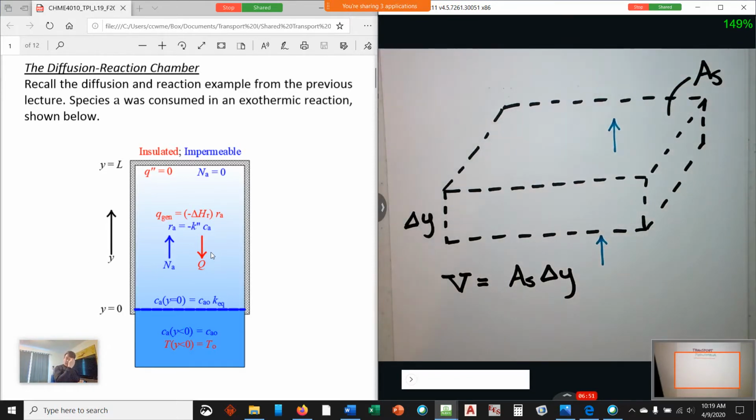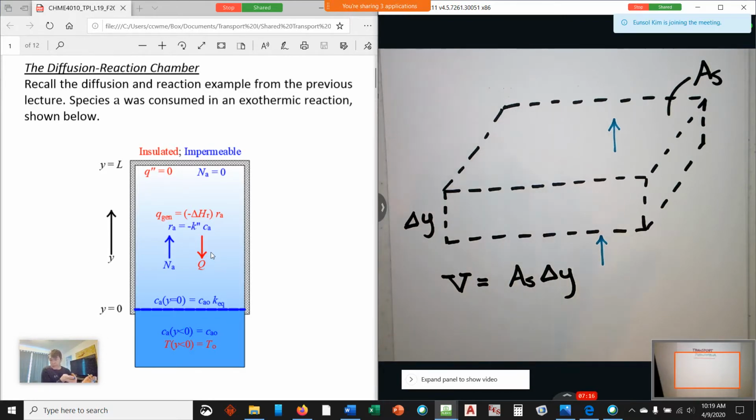And we can write this reaction rate, it's actually written here for us, so if we didn't know what RA was, we would typically write this as a reaction rate coefficient, so that's our K double prime, multiplied by the concentration. So if this is first order in A, which is what we're seeing here, we just have K double prime, our reaction rate, times the concentration.